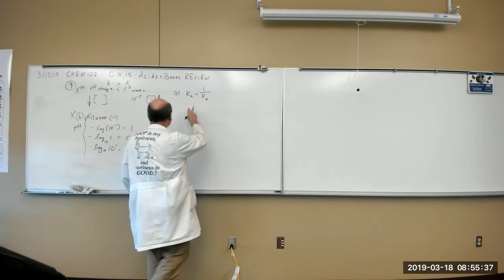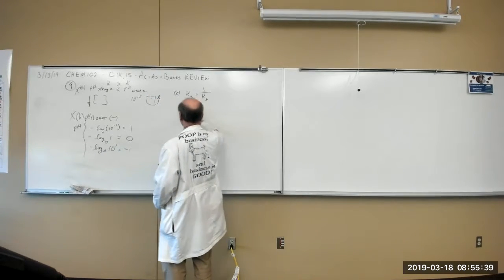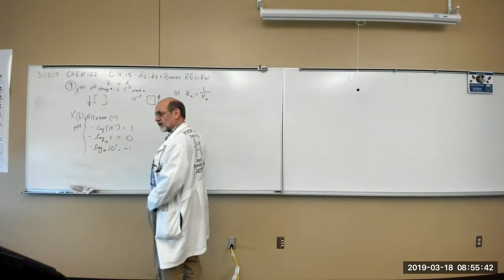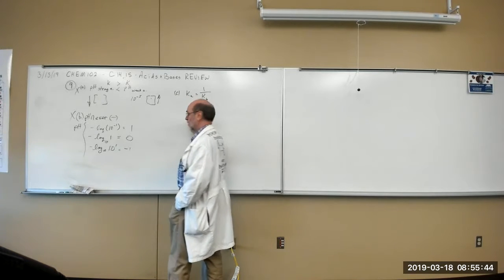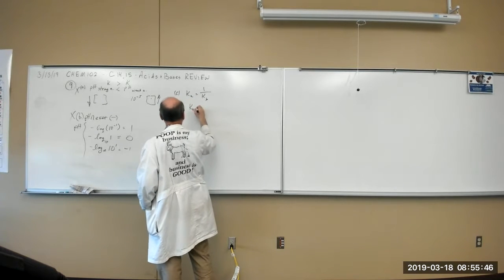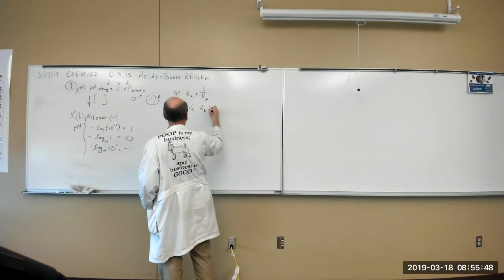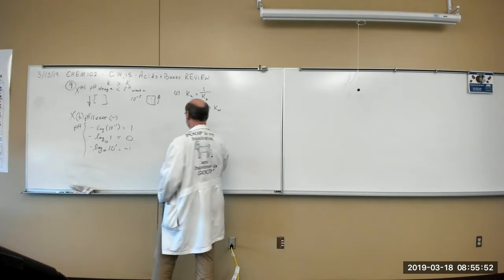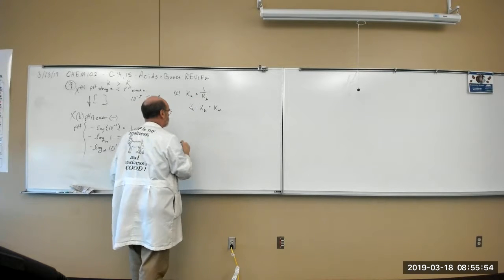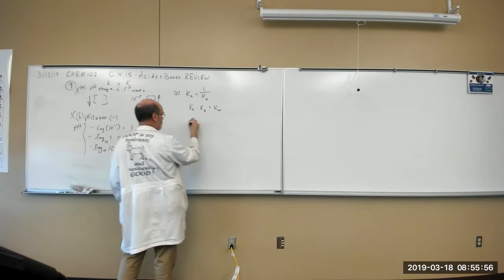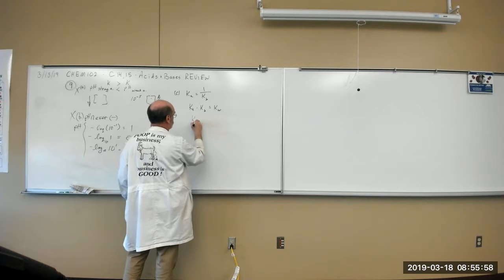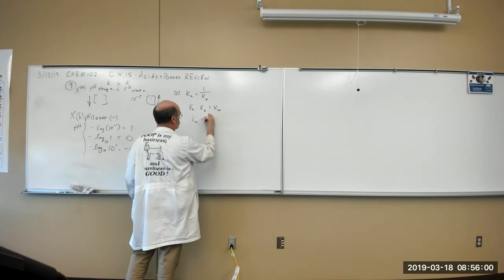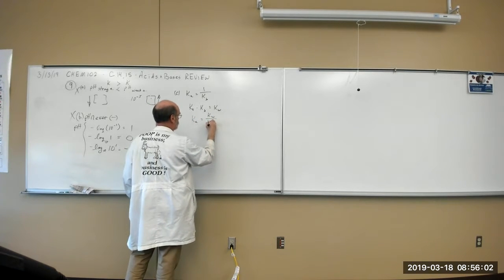In order to calculate Kb, knowing Ka, you have to include Kw. Because Ka times Kb equals Kw. Which means that Ka is equal to Kw divided by Kb.